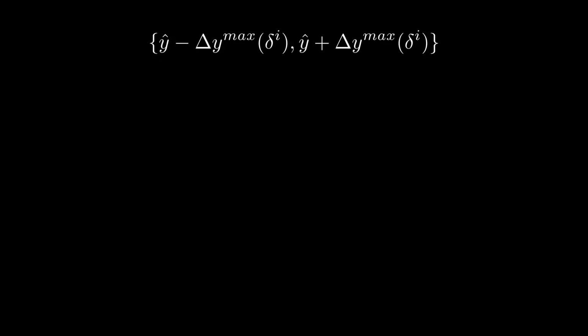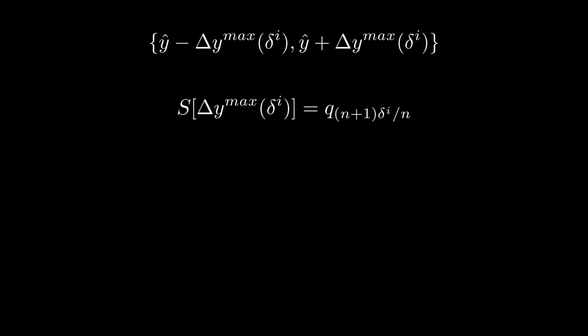Next, we need to replace delta Y max with non-conformity quantiles, which we can do by noting that if we insert delta Y max to our non-conformity measuring function S, we will get the corresponding non-conformity quantile. Given an intrinsic confidence level delta I, there is a distance associated with it.